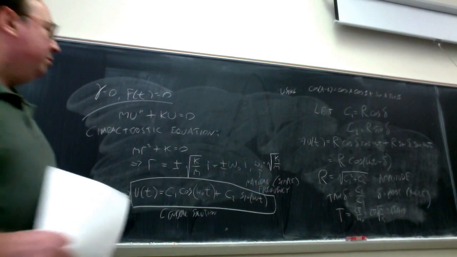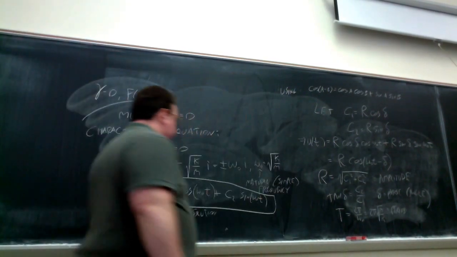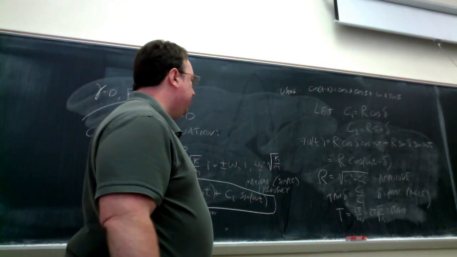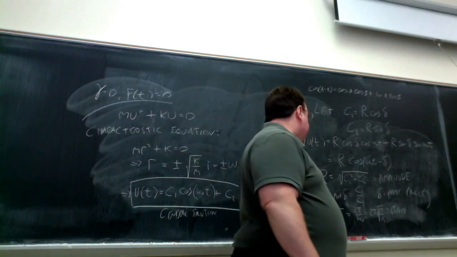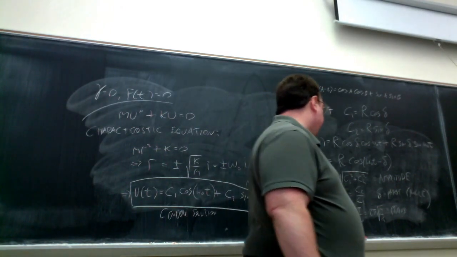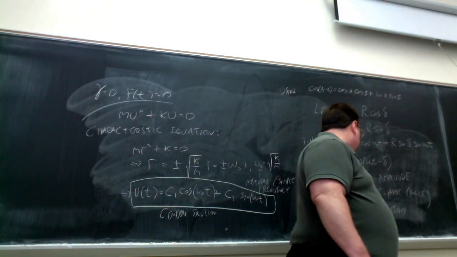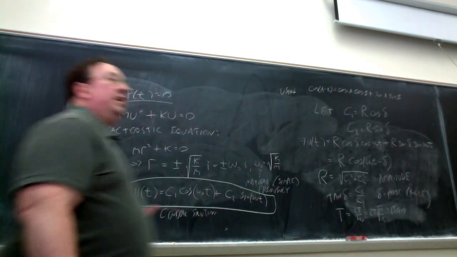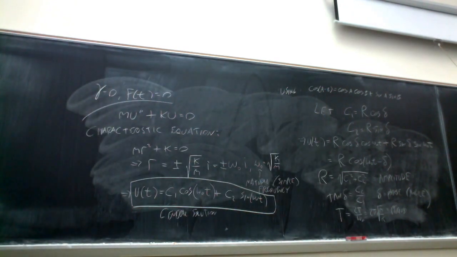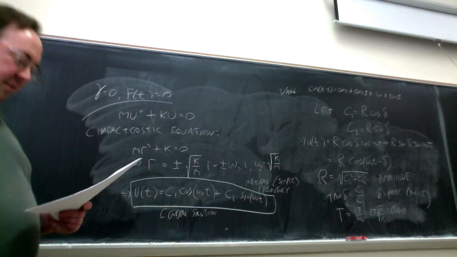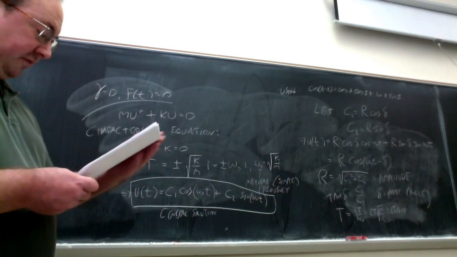So if you were to compute your solution like you normally do, then go ahead and use C1 and C2 to get the amplitude and phase angle, and also use omega naught to get the period. Then you can graph a solution, like you used to do, given the period, amplitude, and phase shift.